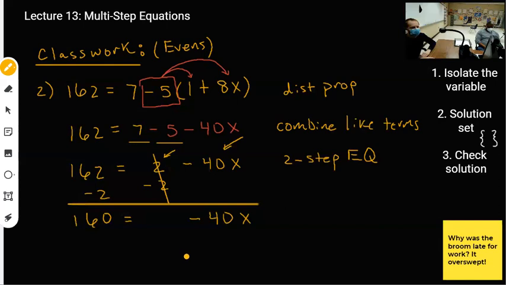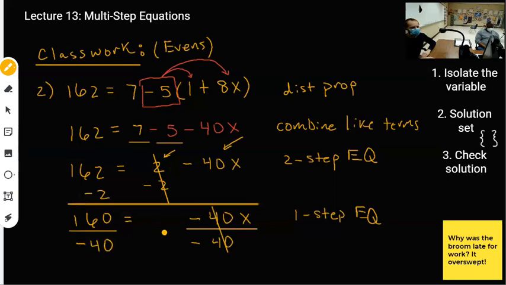All right, so the last thing I have to do is solve this one-step equation. I have to get rid of the minus 40. Since it's being multiplied by x, I have to divide both sides by negative 40. So when I do that, the two numbers on the top and the bottom are going to cancel out.